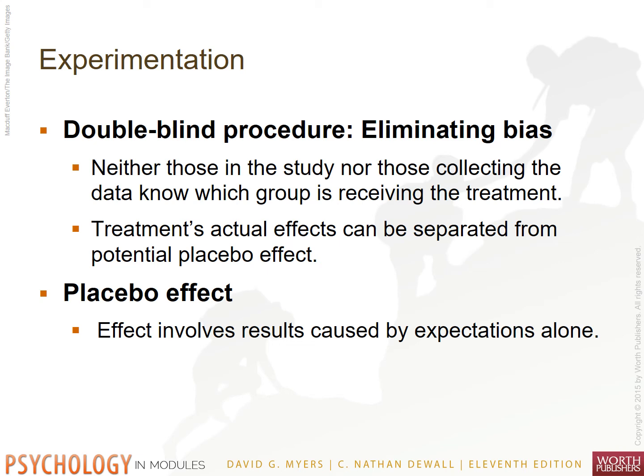So maybe it's not the antidepressant, maybe it's the smarter people in the treatment group getting the antidepressant, and there's dumber people in the placebo group, or there's more men or more women, etc. All these alternative explanations prevent us from drawing a conclusion about the effectiveness of the antidepressant, because they all interfere with that variable being manipulated. Now, that variable being manipulated, the antidepressant versus the placebo, is known as the independent variable.